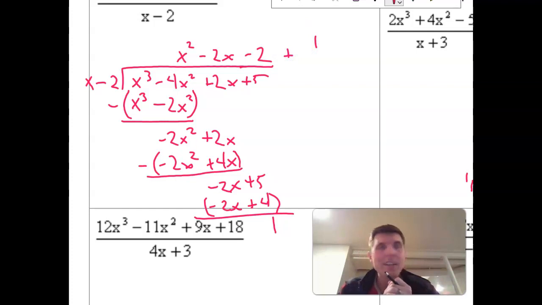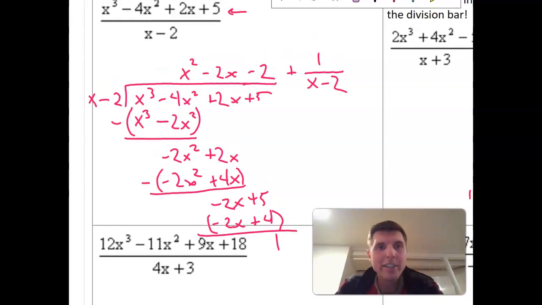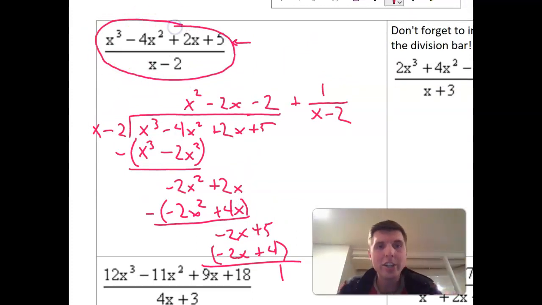But just like if you're dividing numbers, it's 1 over something. So it's not just 1 by itself, it's 1 over x minus 2. Because that was the term I was dividing into everything else in the first place. The goal for this is that if I said, hey, integrate this thing, you actually couldn't do it as is.